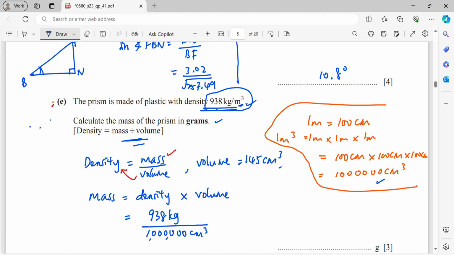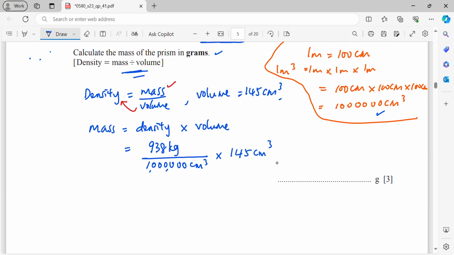Okay, 1 million centimeter cube times the volume is 145 centimeter cube. So with this, I can cancel off the centimeter cube. So when you simplify, you will be getting 0.13601 kilograms.